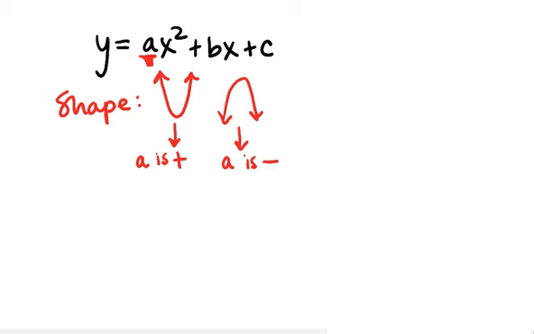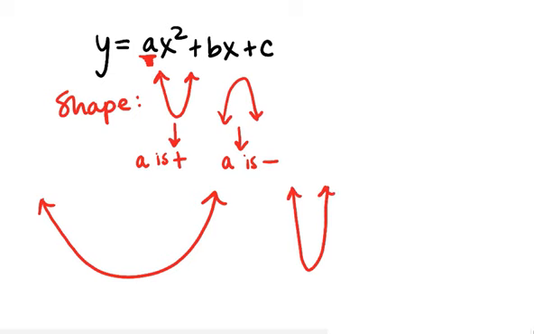Okay, and then, I guess one other thing I have to say about shape is, there's some parabolas that kind of open up like that, while some are very narrow. And that's also determined by a. A leading coefficient that's closer to 0, positive or negative, will give you a wider parabola.